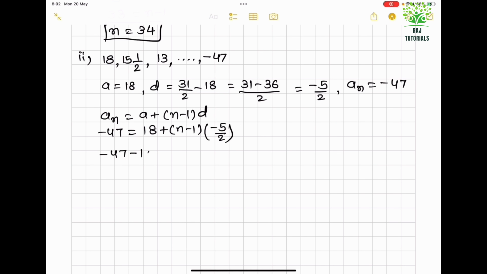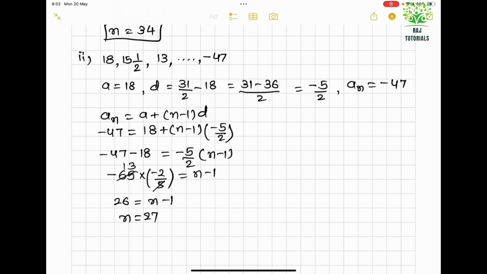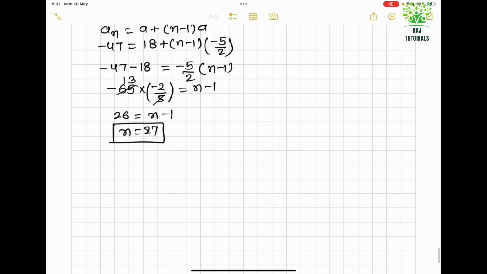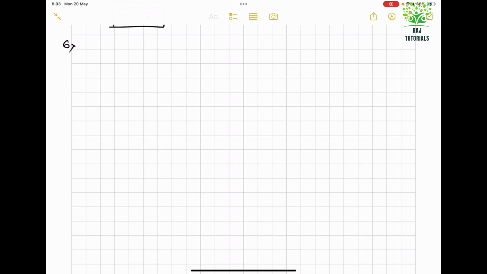So minus 47 minus 18 equal to minus 5 by 2 into N minus 1. So minus 65 into minus 2 by 5 equal to N minus 1. So 26 equal to N minus 1. So N equal to 27.